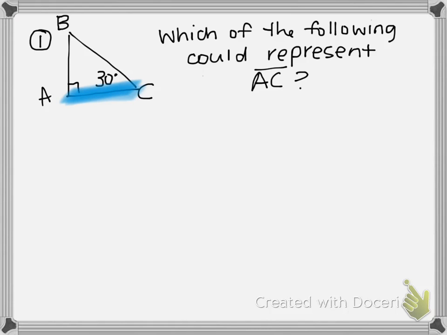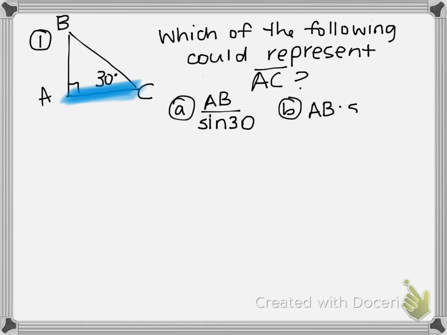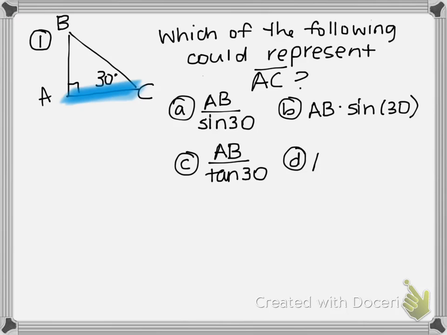Okay, so that's what we're looking for. Now your answer choices are A, AB over sine of 30, B, which is AB times sine of 30, C, which is AB over tangent of 30, and D, which is AB times tangent of 30.